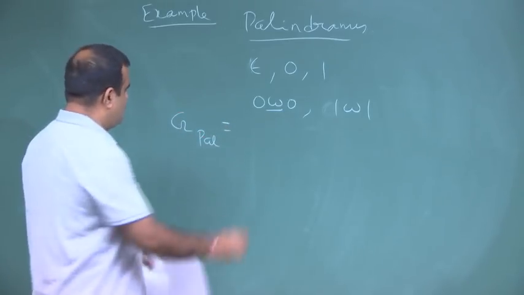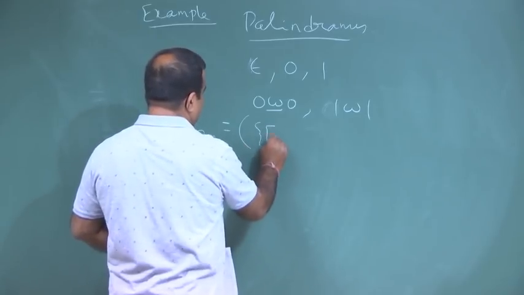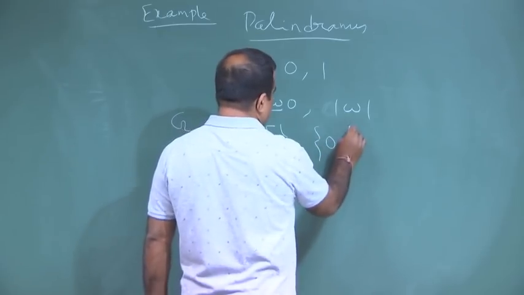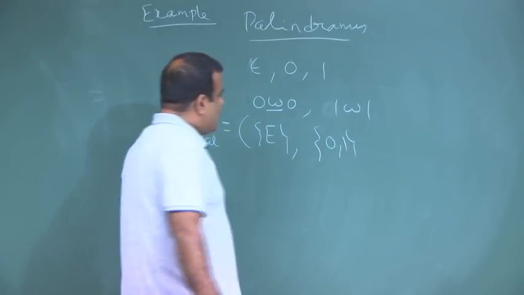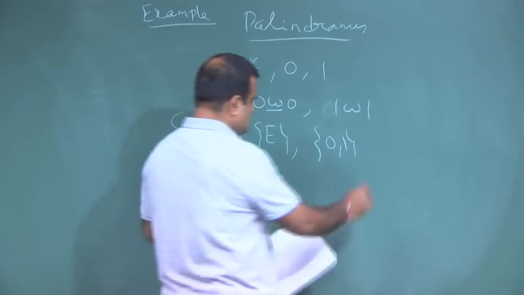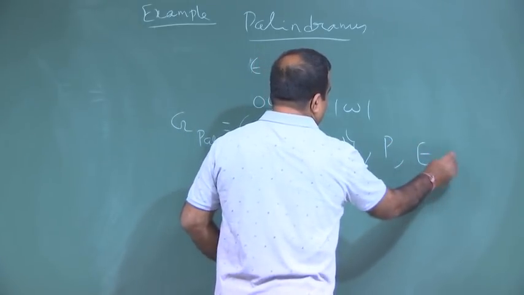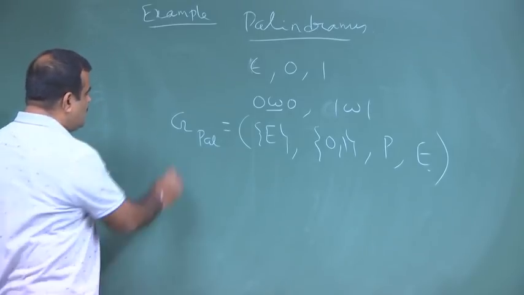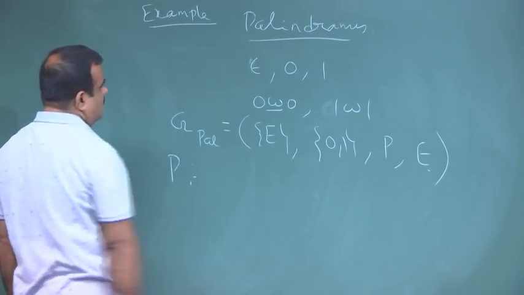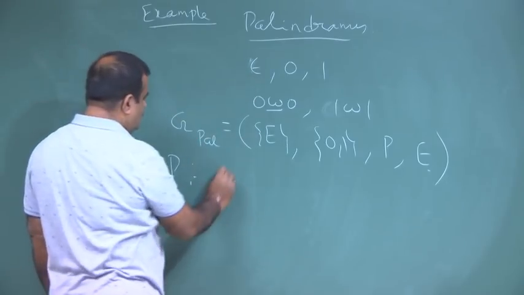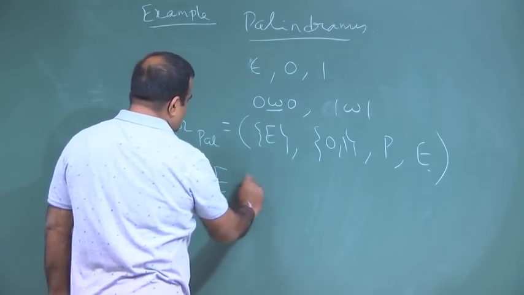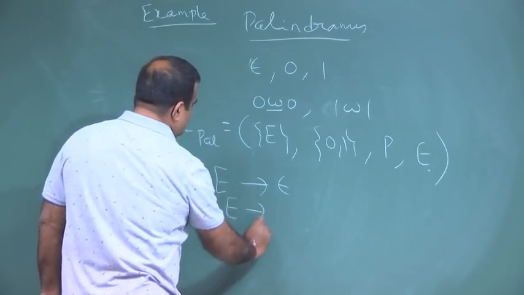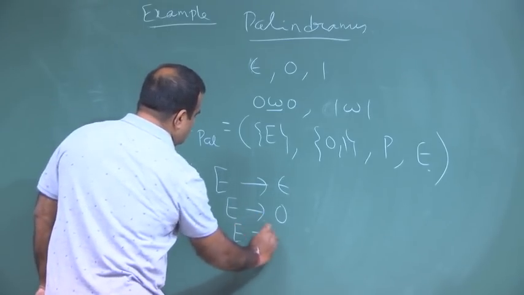So we can have a starting variable, only one variable, with terminals 0 and 1, and the rules. Since these are all palindromes, E can go to epsilon, or E can go to 0, or E can go to 1.